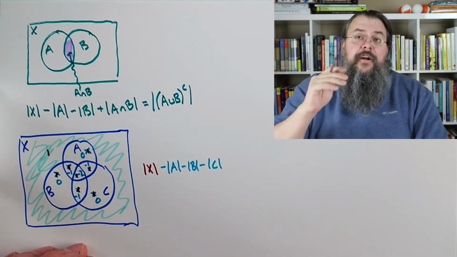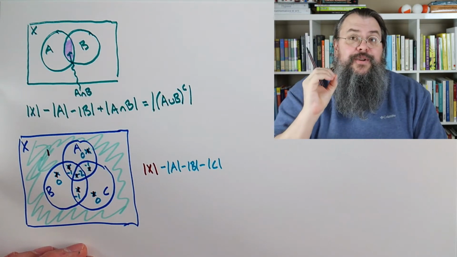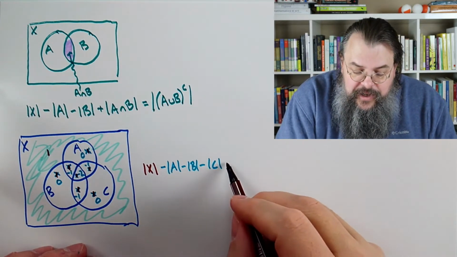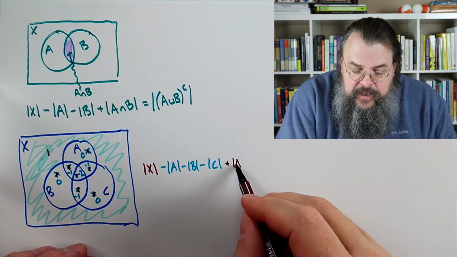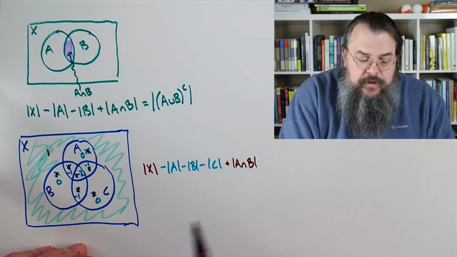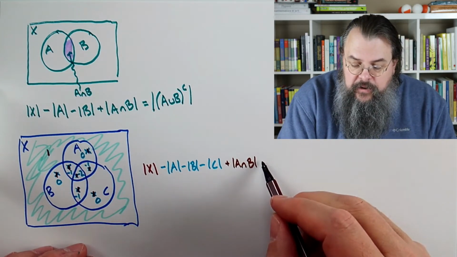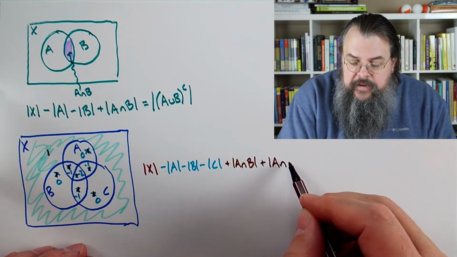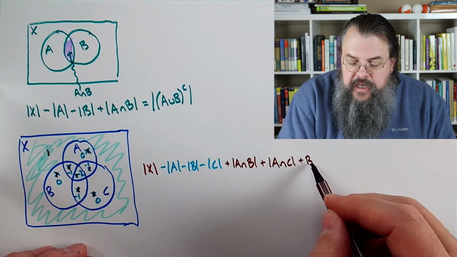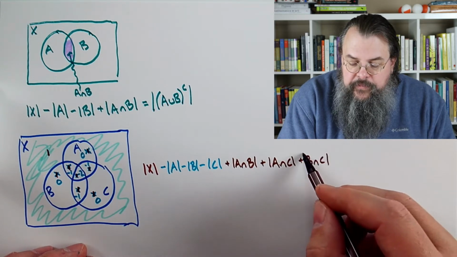So, to get the right count, I want to get to 0. I never want to include it. So, we will add in A and B. And we'll do it for the same things, right? A and C, B and C. So, add in A and C, add in B and C.